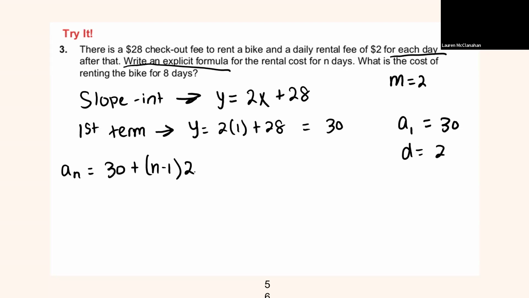Okay, so to figure out for 8 days, we would write a of 8 equals 30 plus parentheses 8 minus 1 times 2.